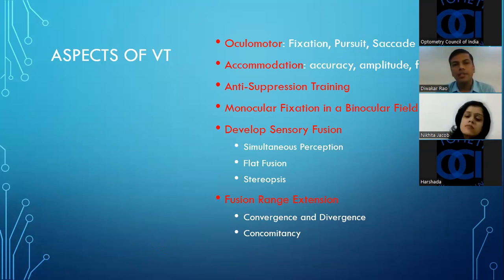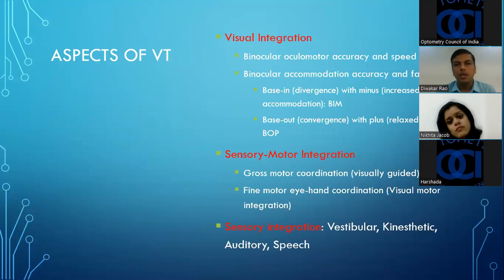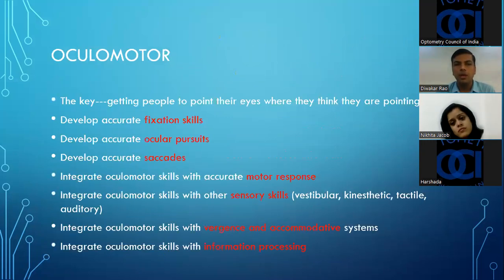Next, check on anti-suppression training, monocular fixation in the binocular field, that is MFBF. Then developing sensory fusion and improving the fusional range extension. Then visual integration, followed by sensory motor integration and sensory integration. So these are all the aspects of vision therapy.